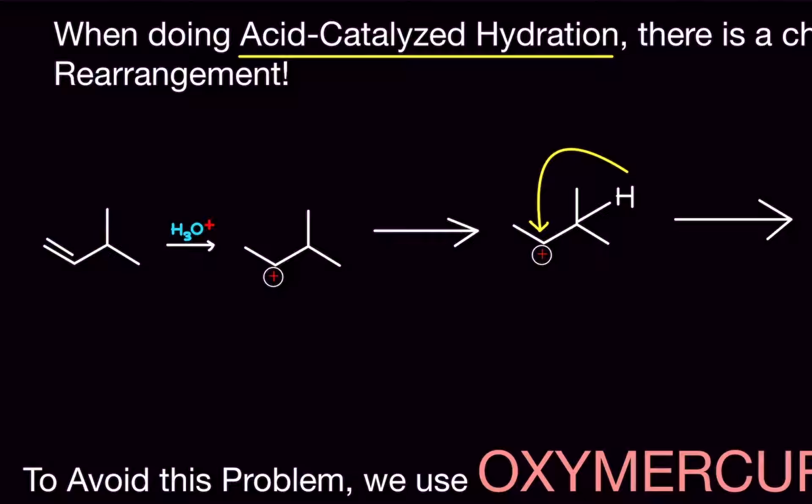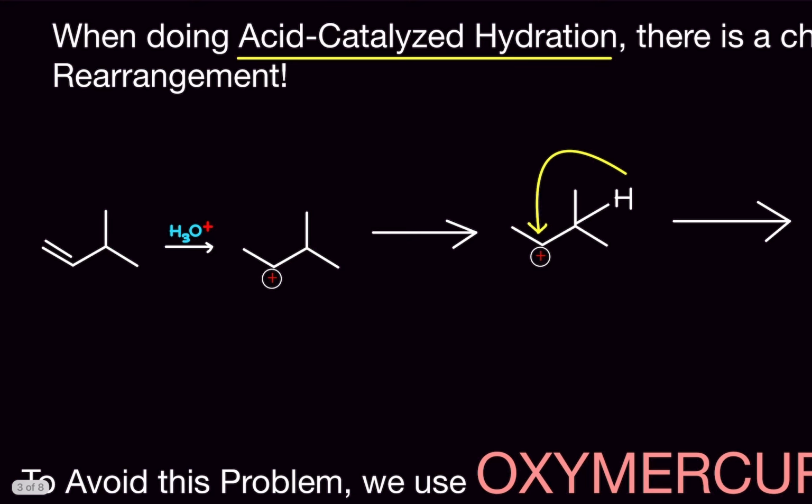So let's take a look here. This is where our carbon is for the carbocation. The adjacent carbons are this one and this one. This one is more substituted than this, so that is a potential carbon for carbocation rearrangement. You can move the carbocation there.